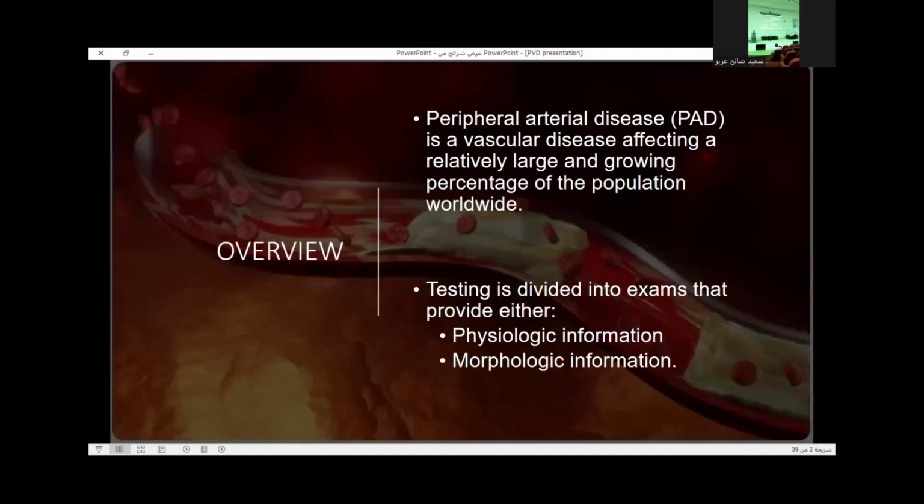As we all know, peripheral arterial disease is a vascular disease affecting a large and growing percentage of the population worldwide. We have two kinds of evaluation, either imaging or tools, that can reflect physiological and morphological information.